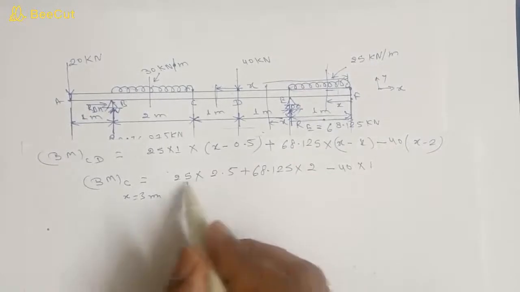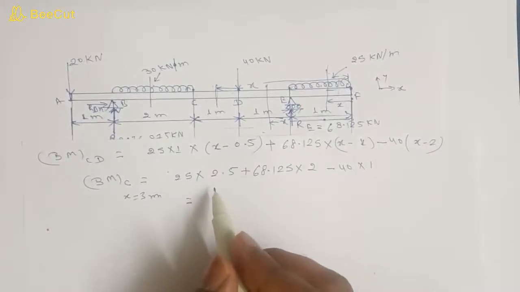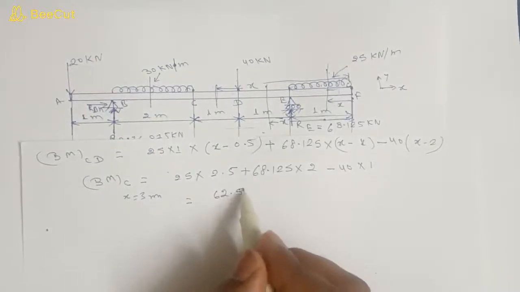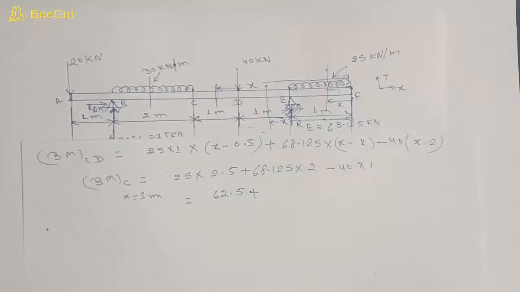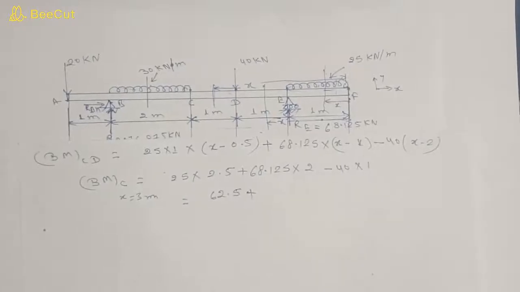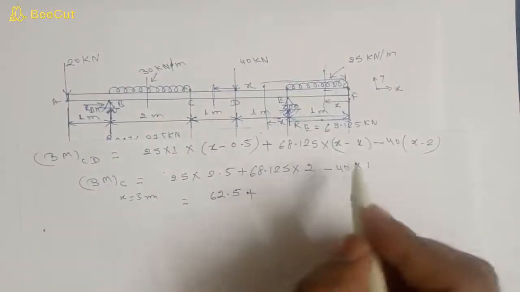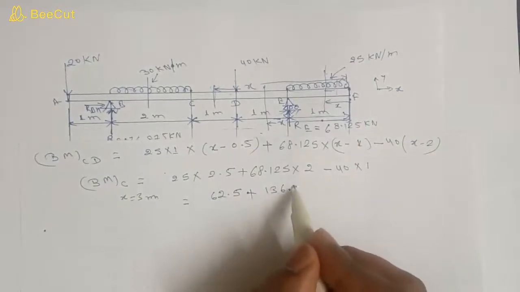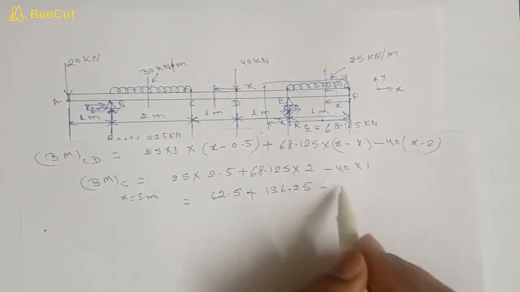So you will get 25 into 2.5 is 62.5, plus 68.125 into 2 is equal to 136.25, minus 40 into 1 is 40.